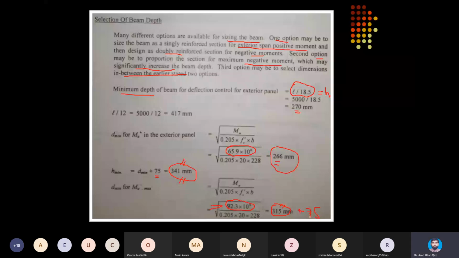While if neutral axis will be in the flange, like picture B on this slide number 5, then the couple will be between the steel and the rectangular concrete which is present in the flange.